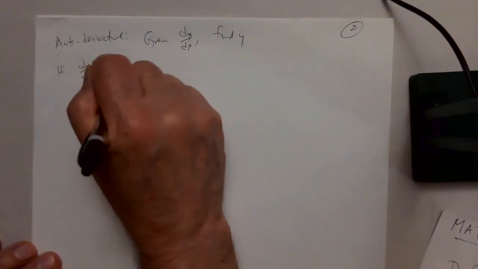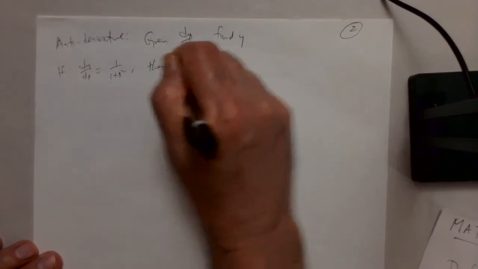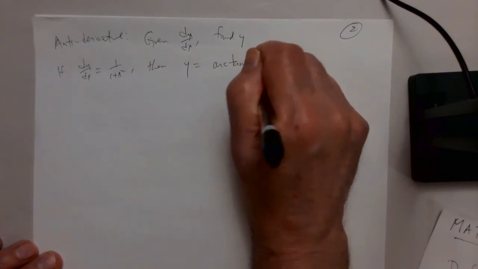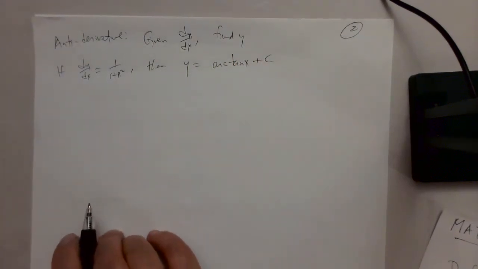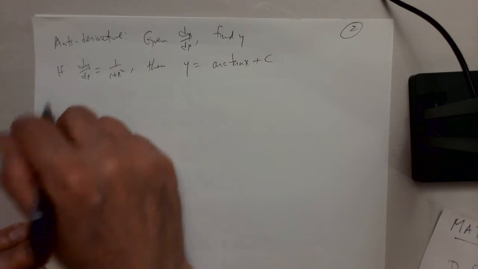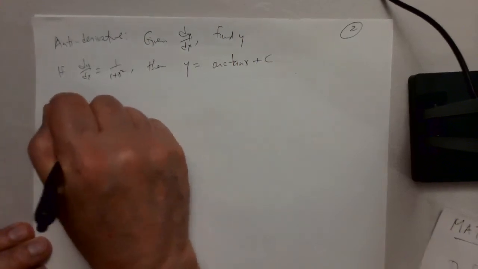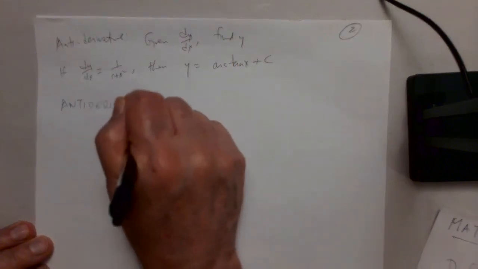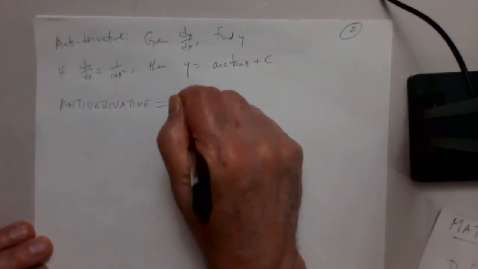So if dy dx equals 1 over 1 plus x squared, then y is arctangent of x plus a constant. Another name for the antiderivative is the indefinite integral.